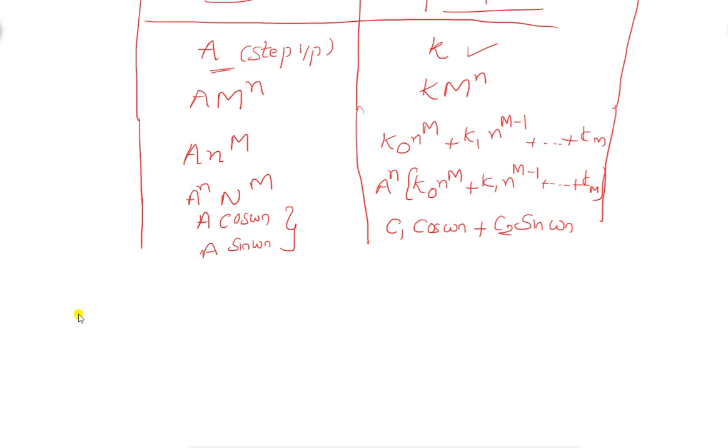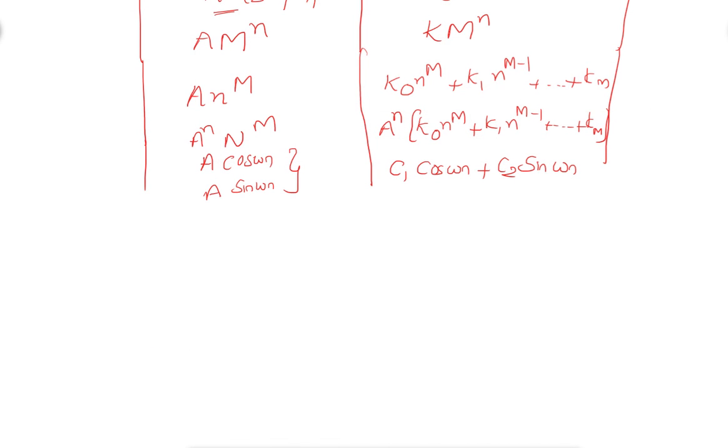Based on this table, we need to identify the type of input. So what is our input? Our input, once again I'm writing here, is x of n equal to 1 by 2 whole to the power of n into u of n.